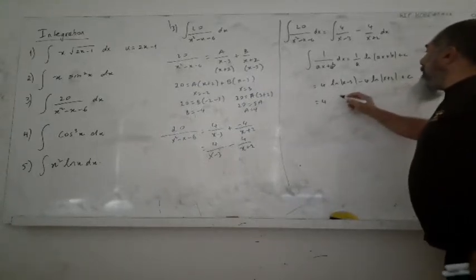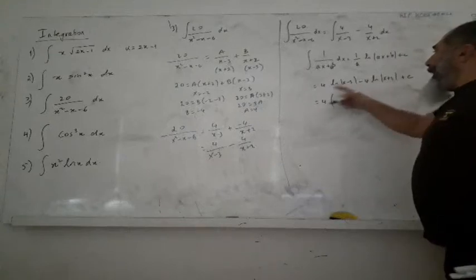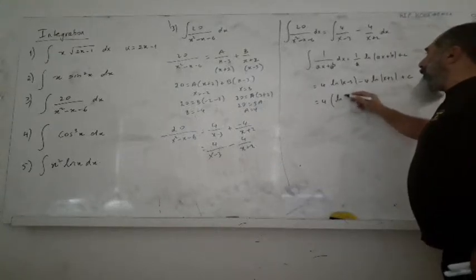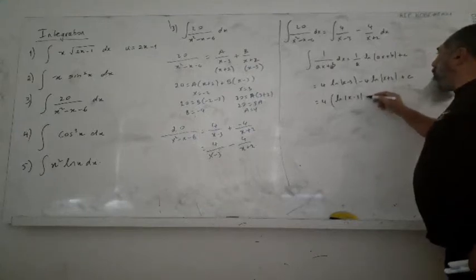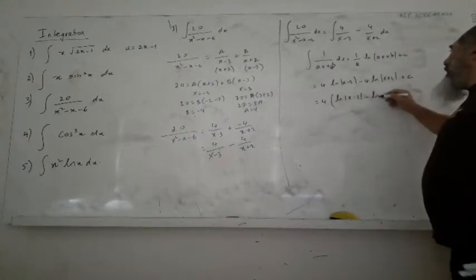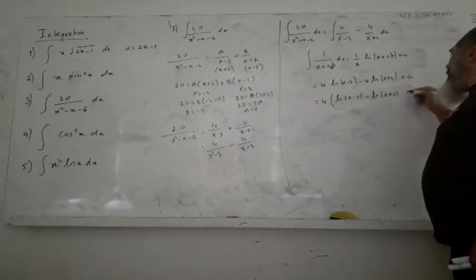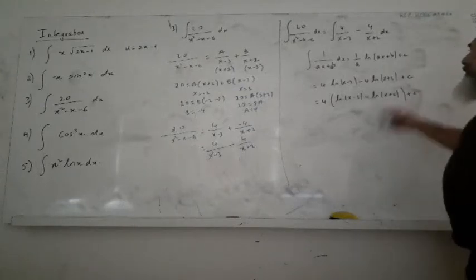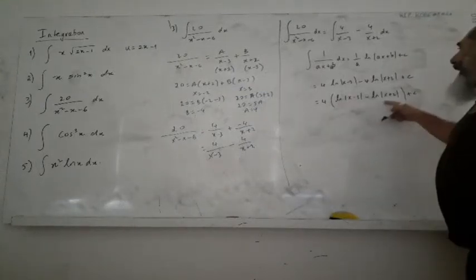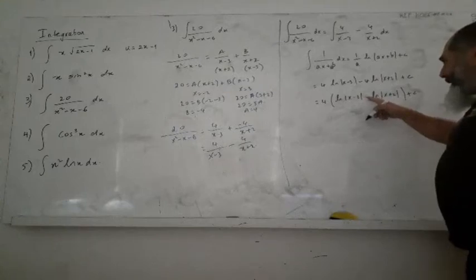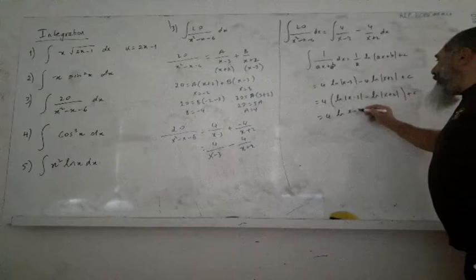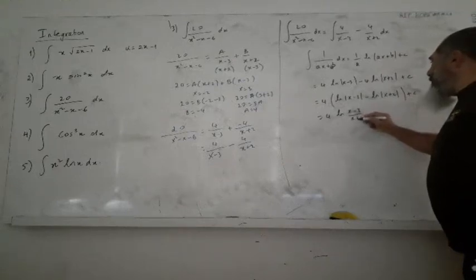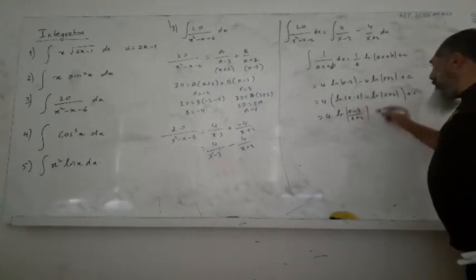Take 4 outside of the brackets, and in the brackets we have ln of x minus 3 in magnitude, minus ln of x plus 2 in modulus signs. We have ln's and subtraction, so we can write them as a single ln, as a division. So that's the answer for question 3.